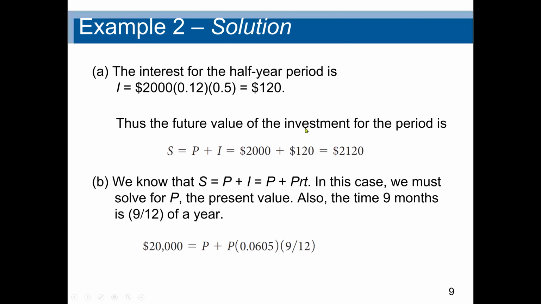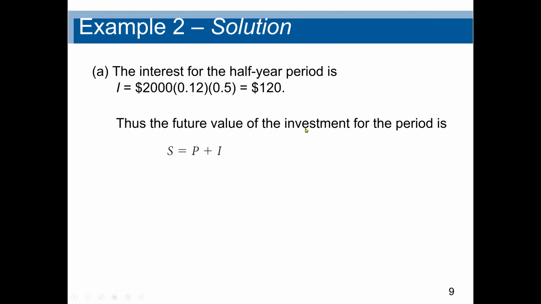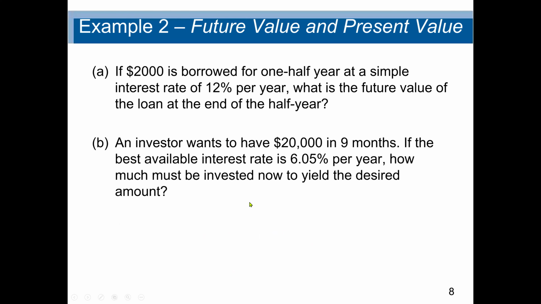Now the B question, let's go back and see B. B said an investor wants to have $20,000 in 9 months. If the best available interest rate is 6.05% per year, how much must be invested now to yield the desired amount?